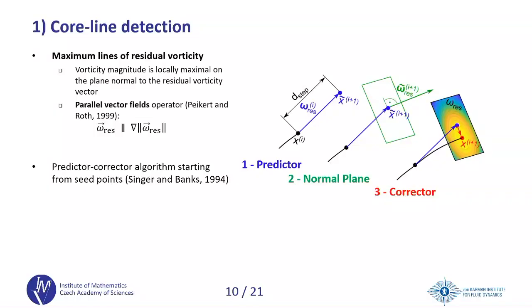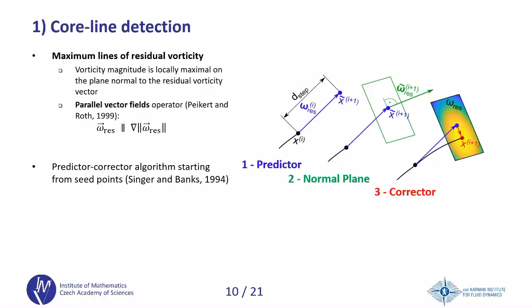But the principal algorithm is quite useful. You start at a seed point, then you do a predictor step. You predict the next point on your core line, and you take this step along the residual vorticity vector. Then, in the second step, you construct an orthogonal plane to the local residual vorticity vector, and your predicted point probably will not be exactly at the local maximum of the residual vorticity magnitude in that plane.